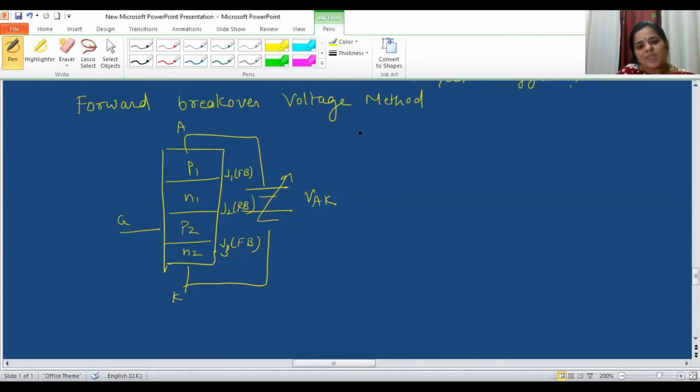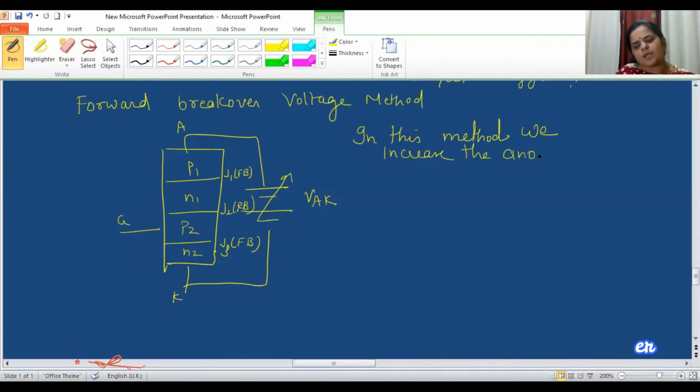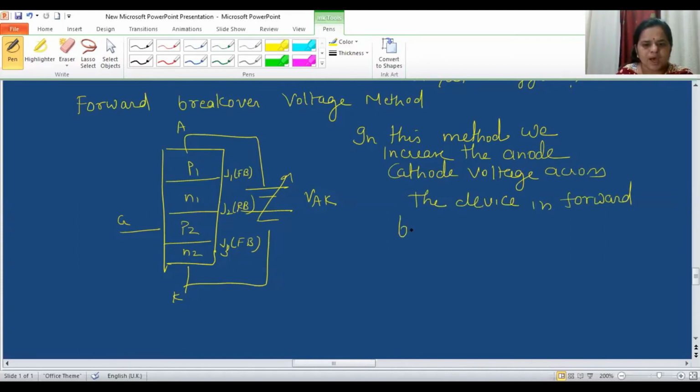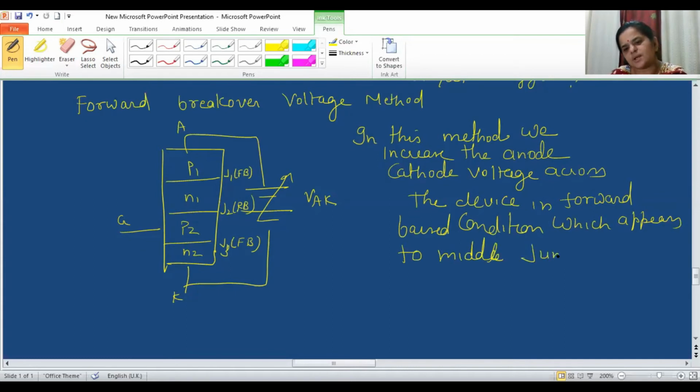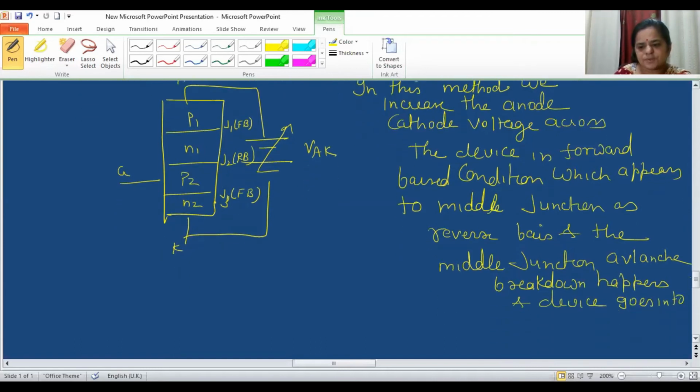So in this method, we increase the anode cathode voltage across the device in forward biased condition, which appears across the middle junction as reverse bias, and the middle junction avalanche breakdown happens and the device goes into conduction.